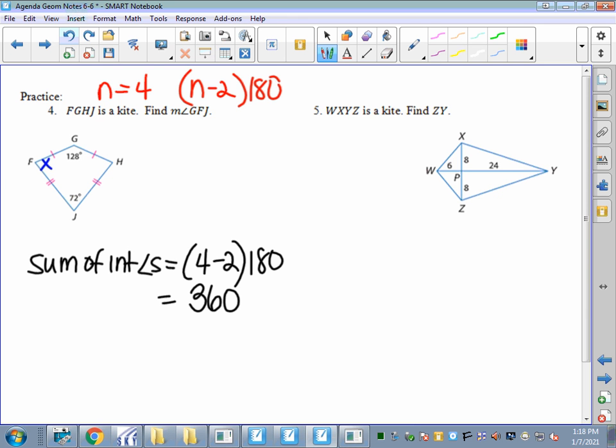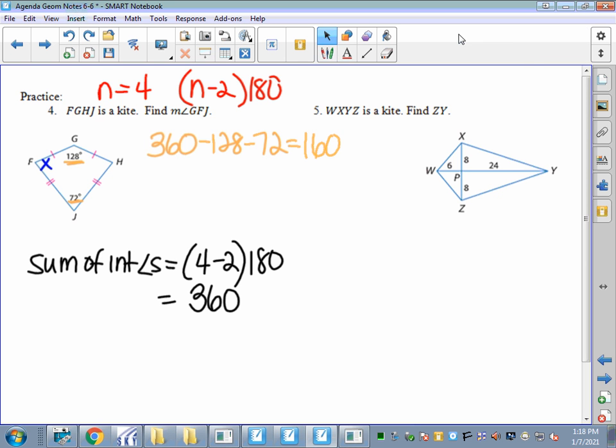Well, here's the thing. I'm already using these two measurements. 72 and 128 degrees are already used. So 360 minus 128 minus the 72, I think that comes out to 160 degrees left. So I have 160 degrees between angle F and angle H. But the important thing to remember on that table was the second thing on that table, exactly one pair of opposite angles are congruent.